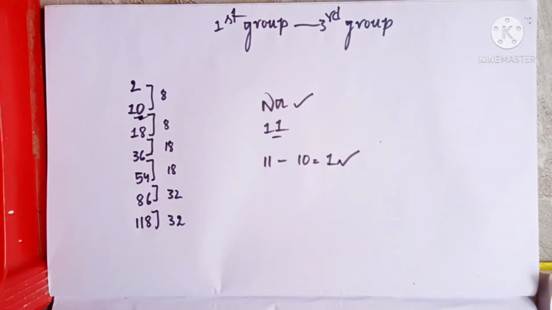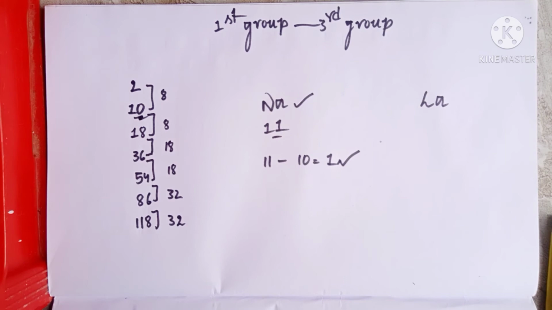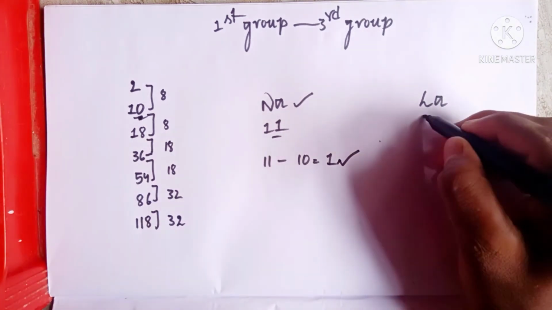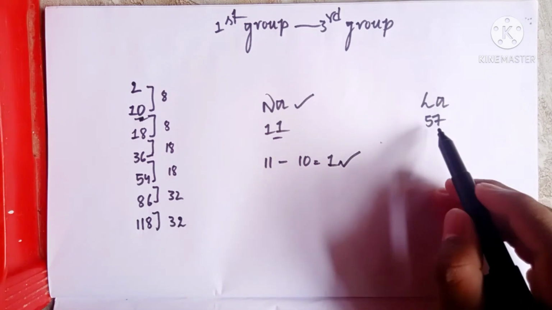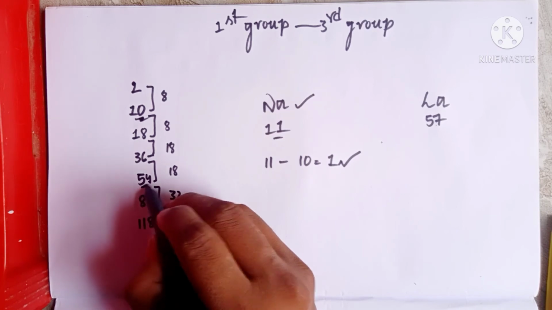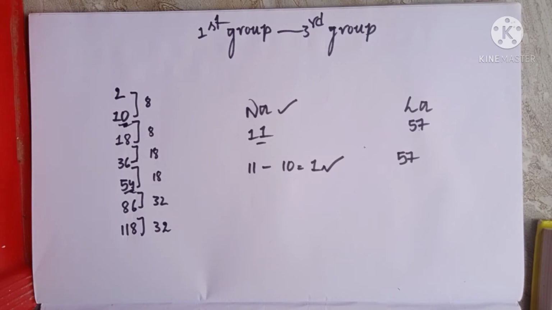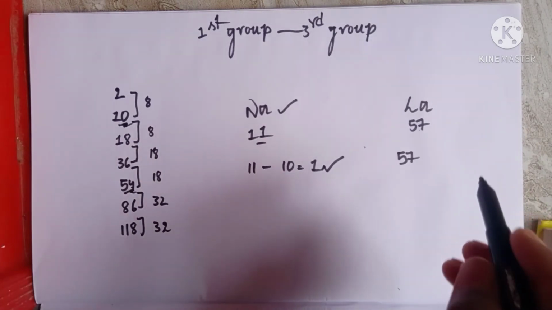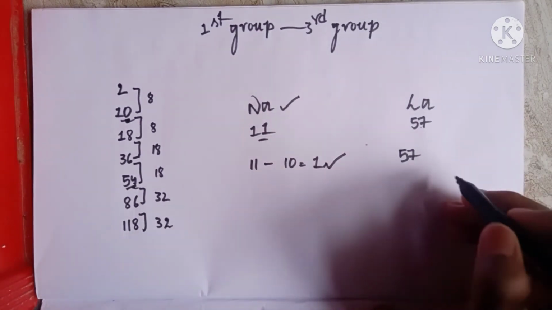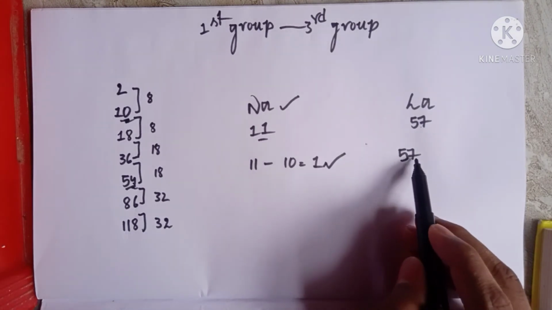Now I am going to take another example, that is lanthanum. What is the atomic number of lanthanum, friends? It is 57. So I will choose a number which is nearer to 57 and also less than 57, that is 54.